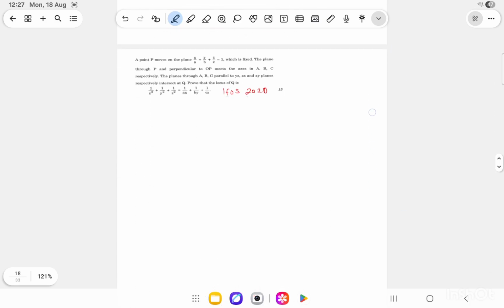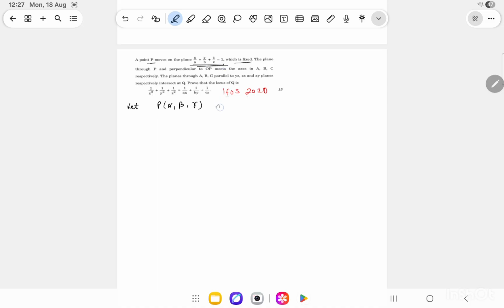So let us now move to the next question. So the next question is, a point P moves on this plane which is fixed. So we have a point P. Let P be (alpha, beta, gamma), and this point P moves on this plane.